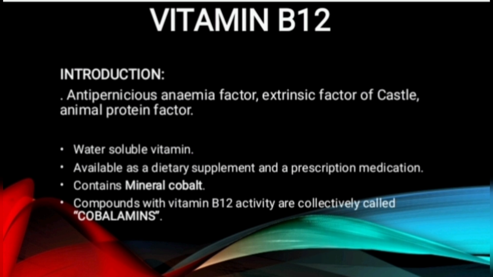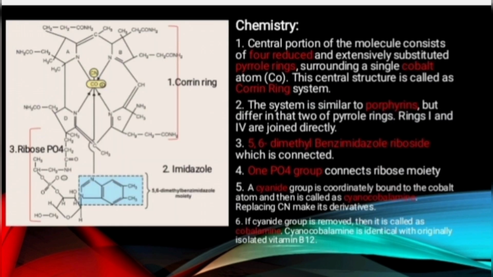The ring structure, which resembles the porphyrin ring, is termed the corrin ring, and this corrin ring has a 5,6-dimethylbenzimidazole part, and it also contains a ribose phosphate part. So, the cyanocobalamin molecule comprises a corrin ring, a benzimidazole part, as well as a ribose part.